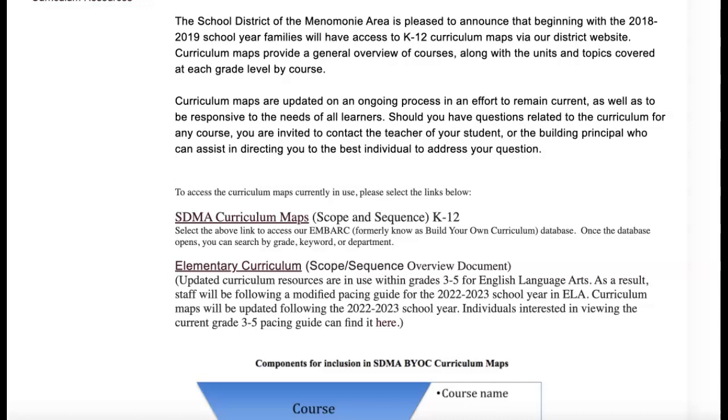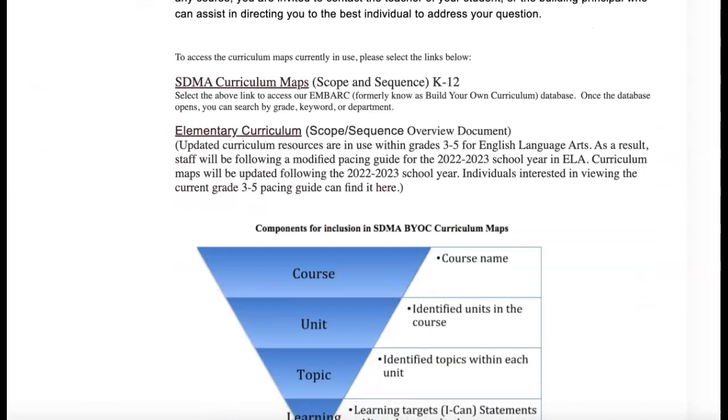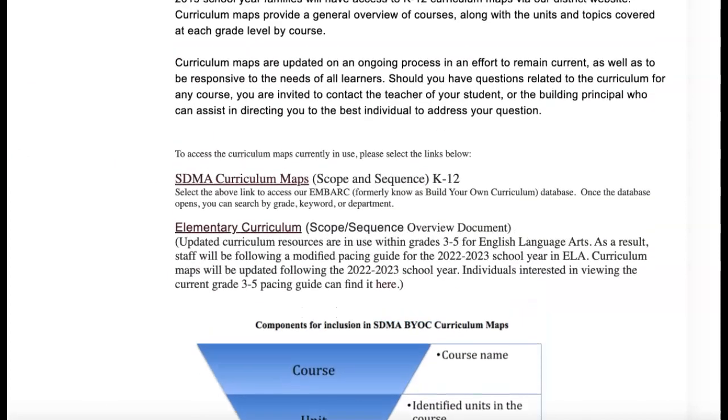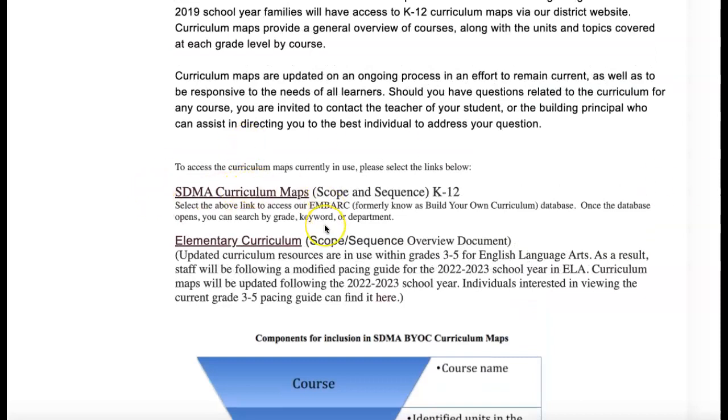So I think that this is a wonderful resource, and I would like each and every one of you to go through here, take a look at your intended licensure area, see what all courses are offered, and see what units are taught and what those learning targets are.